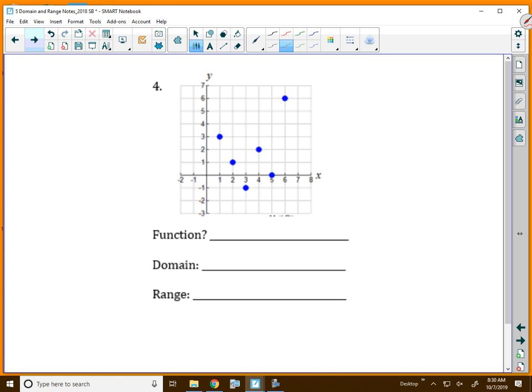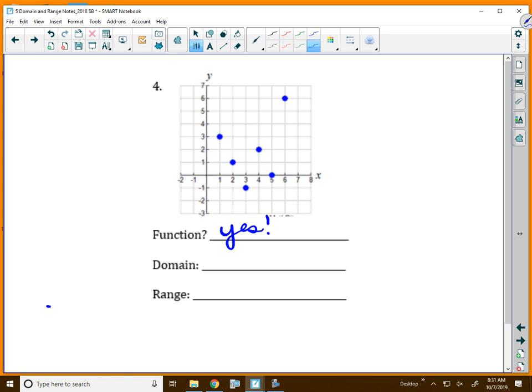Here, you would count 1 and 2, but you wouldn't count 1.5 unless you connect them. So these are not consecutive numbers, as it's a scatter plot. They're not connected by a line. Before we move on, is this a function? You said vertical line test. Yeah, it's a function.